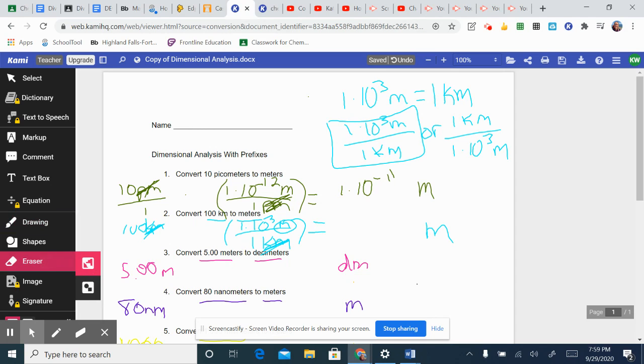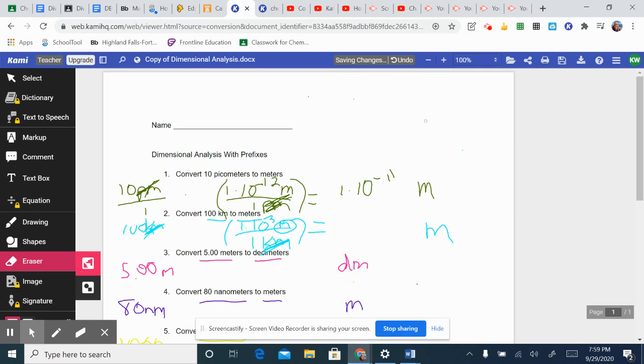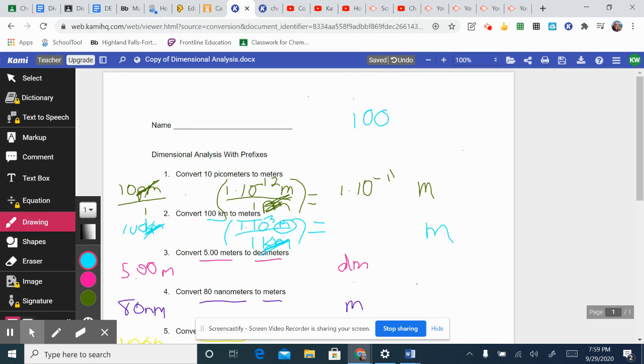If I plug it into my calculator using the EE function, it's gonna look like this: 100 times 1 EE 3. And when you do that, you're gonna get 100,000.